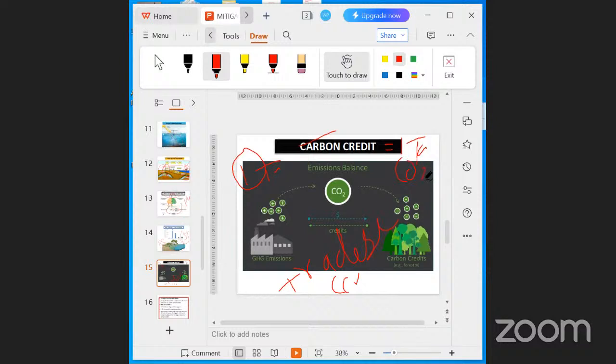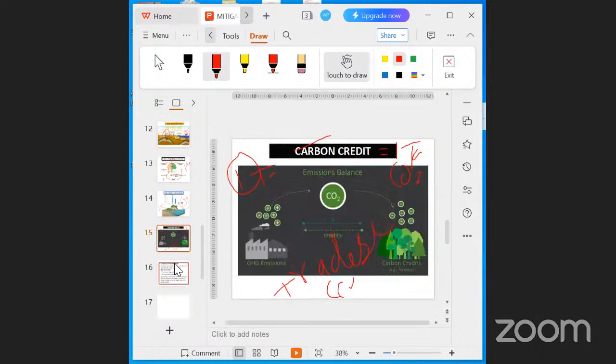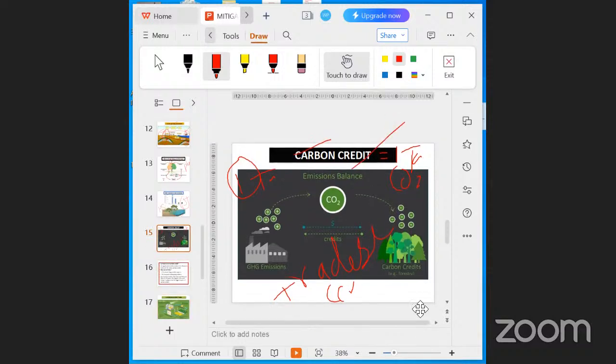Basically, it is a certificate or a permit telling you that you can emit 1 ton of carbon dioxide or 1 ton of equivalent gases, which is equal to the carbon dioxide value. So this is called carbon credit, right?